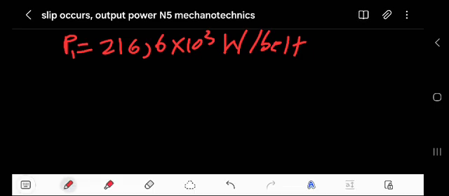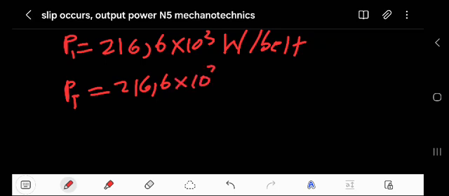So the overall for 2 belts, or total output power, must equal this 216.6 times 10 to the power of 3. Let me write this in kilowatts, multiplied by 2.